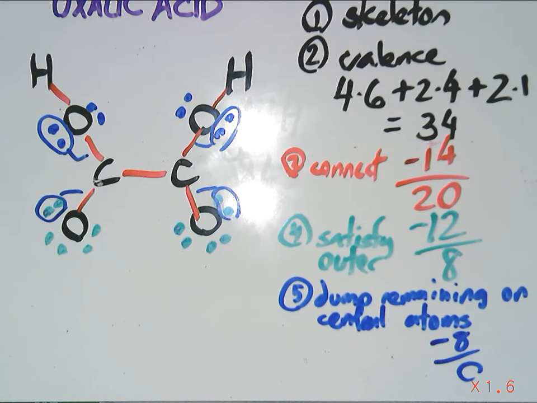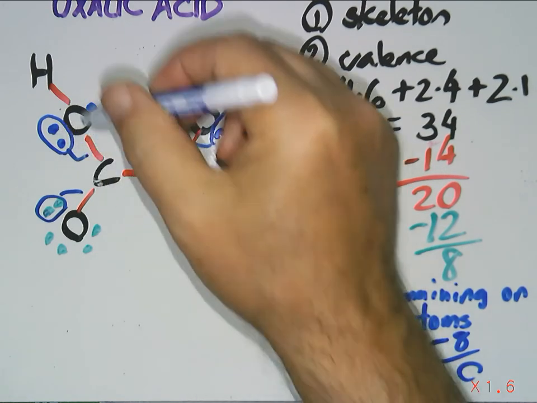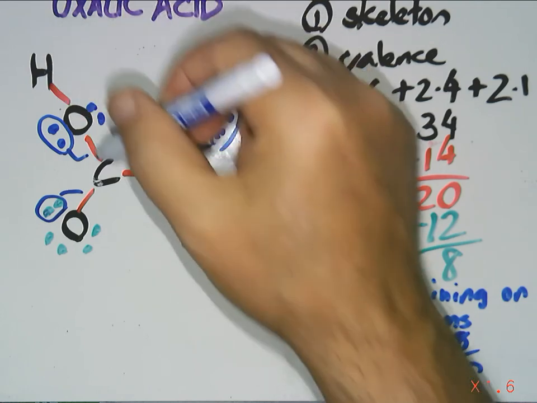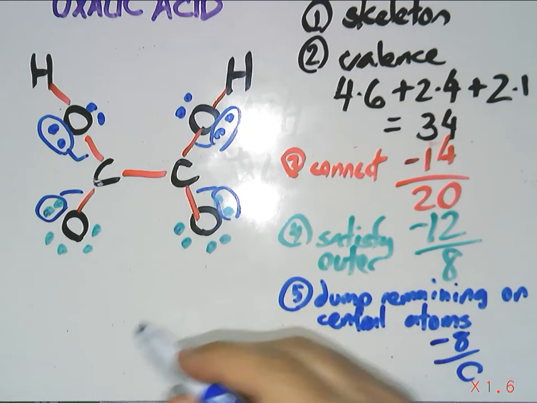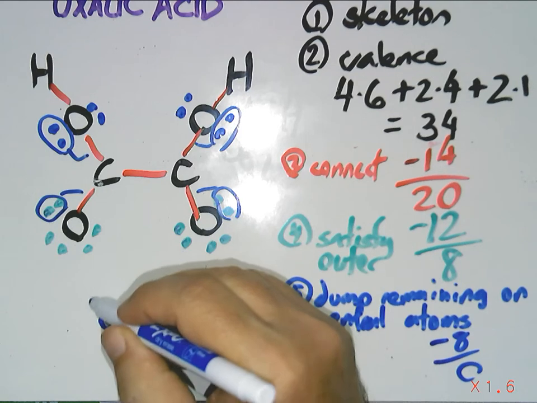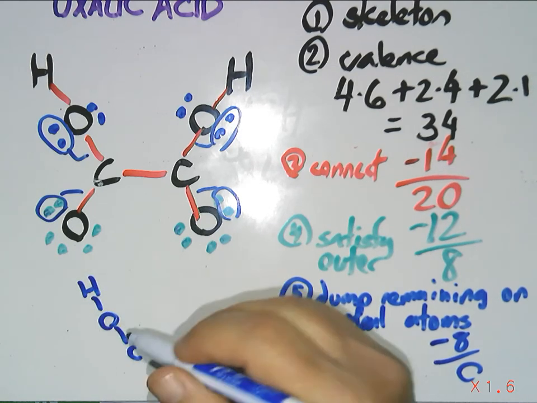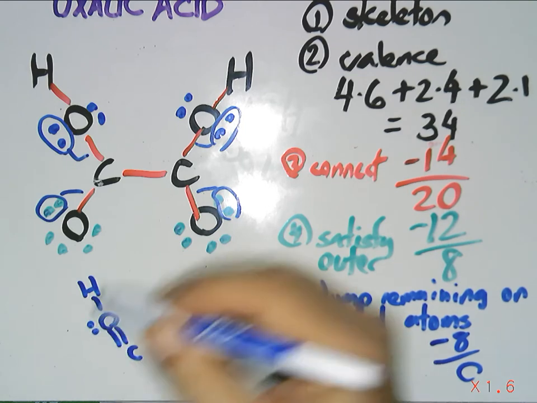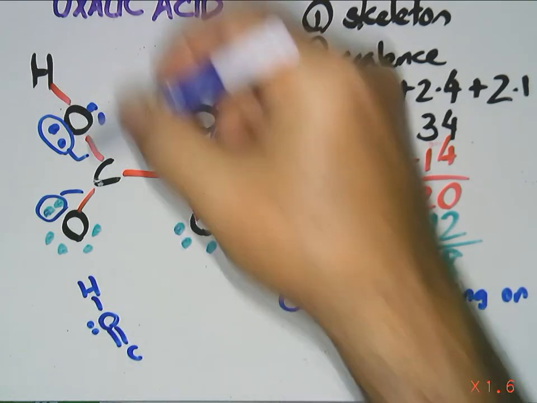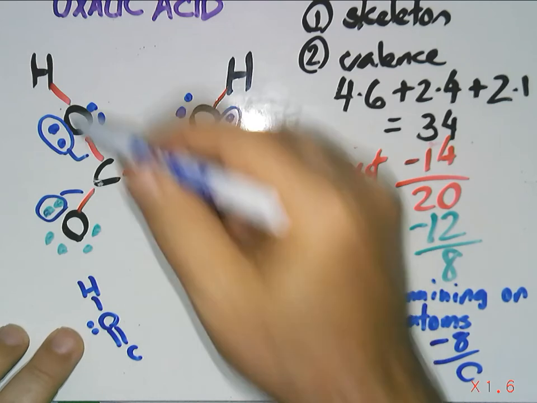Let's weed out one of them right away. If you share up in this part of the structure, if you share here like this, you're going to get a little piece that looks like this. That's what I'm going to get with this piece here. And I'm looking at just the oxygen here.